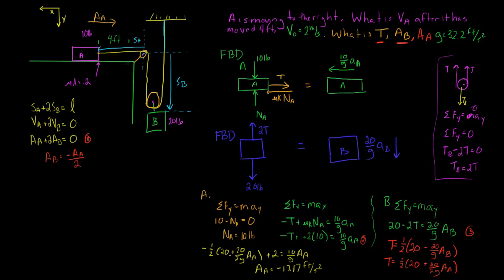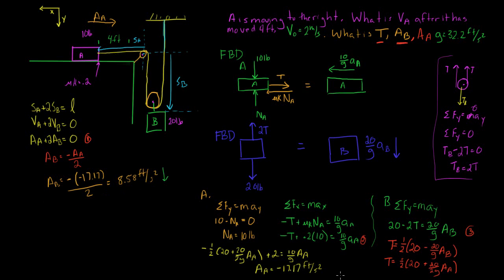We can also figure out the acceleration of B. The acceleration of B is going to be equal to minus the acceleration of A, which is minus 17.17 divided by 2, and this is equal to 8.58 feet per second squared. And this tells us that the acceleration of B is actually down.